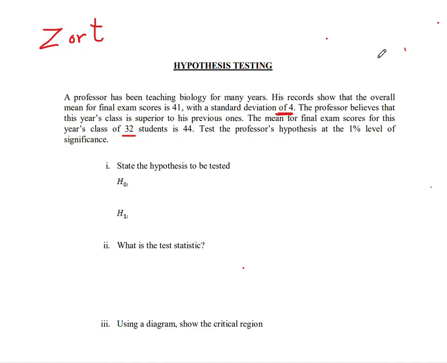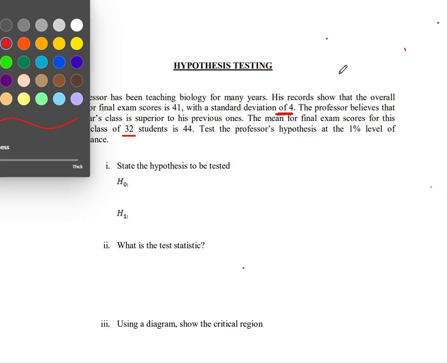When you do not know the standard deviation of the population, then the t-test is preferred over the z-test. So because the standard deviation of the population of students sitting this exam in previous years is known, which is 4, then the z-test is what we're going to utilize.